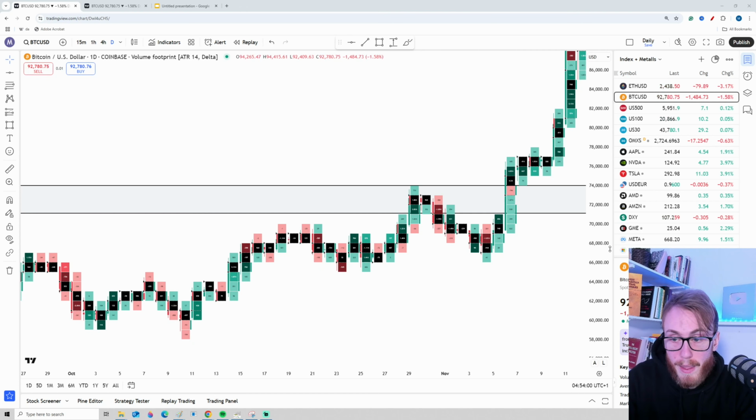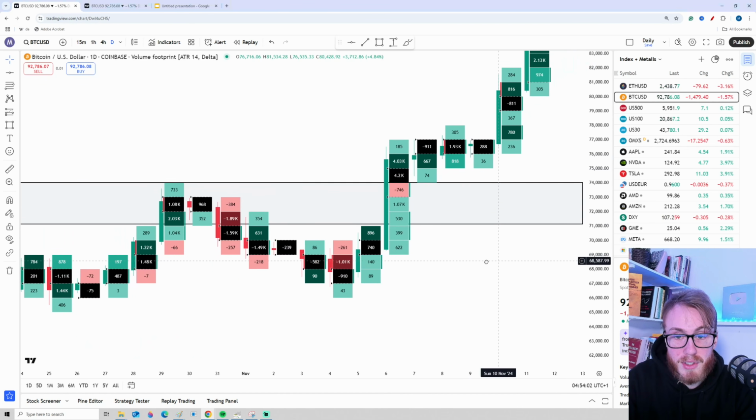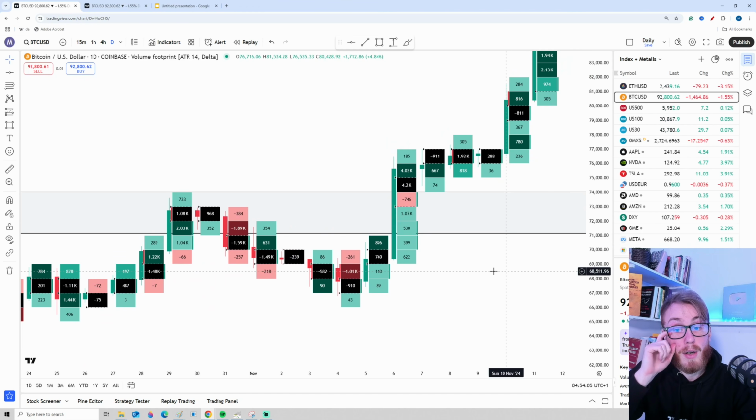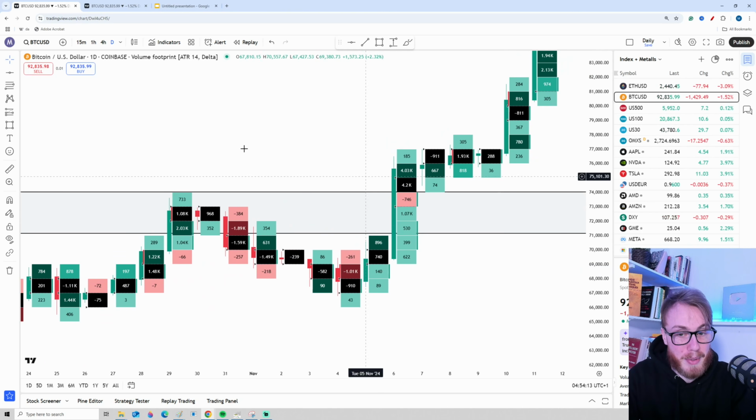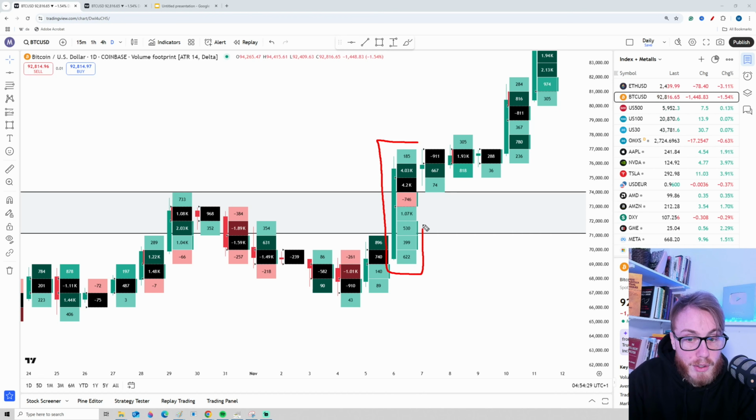But now is where it gets very interesting. Remember what I said before. When we see a bullish move, we want to see bullish volume. We want to see buying volume or buying pressure. And if you take a close look at this breakout, you can first see that this whole candle had bullish volume except for one specific point.